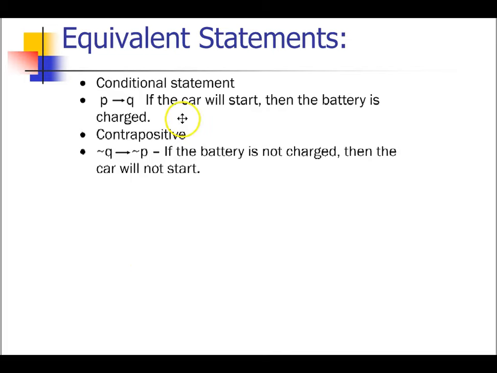For example, if the car will start, then the battery is charged. The contrapositive would be, if the battery is not charged, then the car will not start. And they're logically equivalent, so sometimes we can wrap our mind around the contrapositive and prove it to be true, and it would be equivalent to proving the statement.